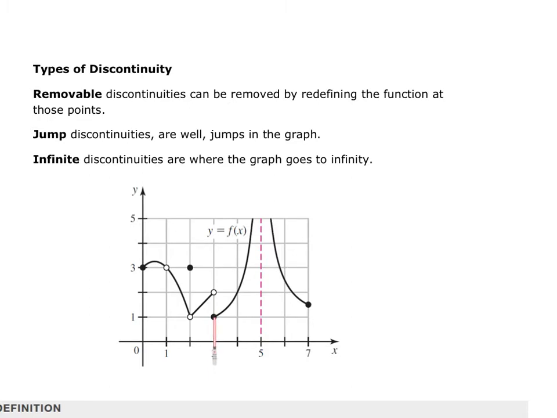And obviously, because the limit does not exist, it does not equal f of 3. The next kind is the infinite discontinuity, which means that we're going to infinity. Notice how on the left side of 5, I go to positive infinity. On the right side of 5, I go to positive infinity. So we call this an infinite discontinuity because the graph goes to infinity.